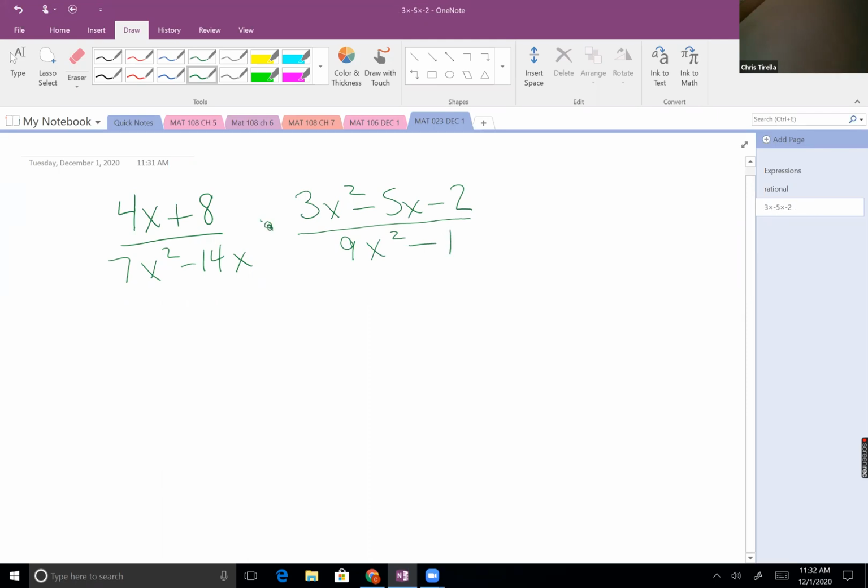Lots of factoring here. These multiplication problems actually turn out to be like up to 4 of those factoring problems that we had last unit.